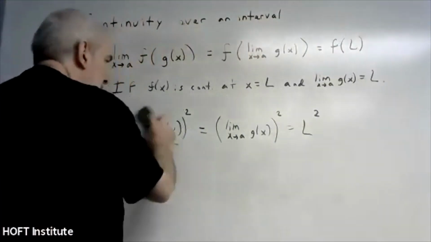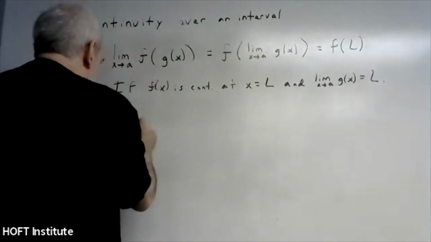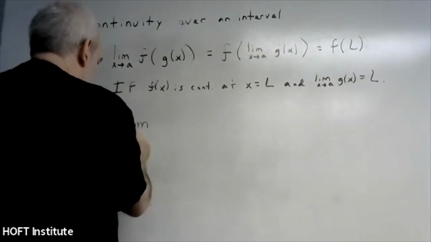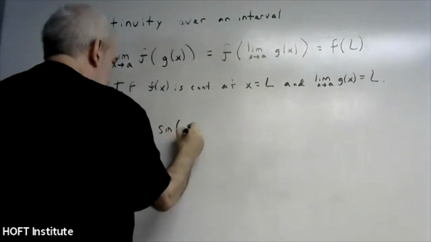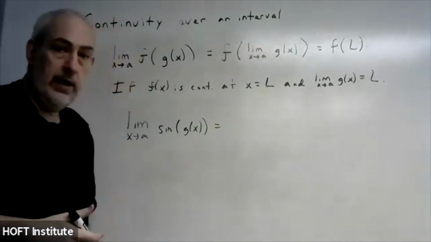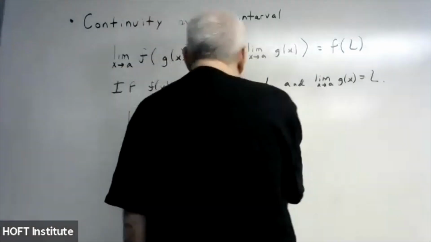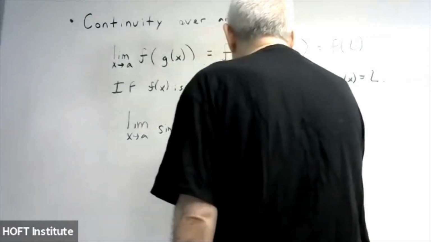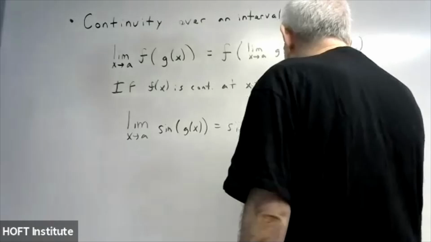Let me talk about another function that is also continuous everywhere, and that is sine. The limit as x approaches a of sine of g of x. Okay. Since sine is continuous everywhere, we can factor out the sine and then write sine of the limit as x approaches a of g of x.